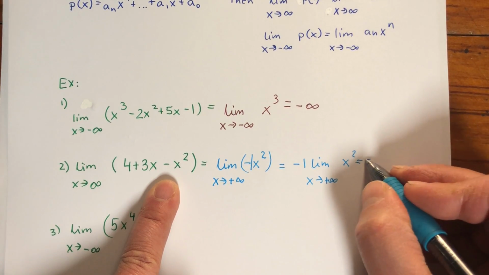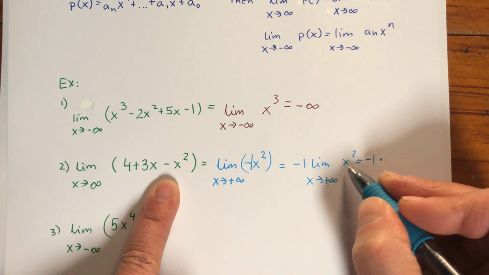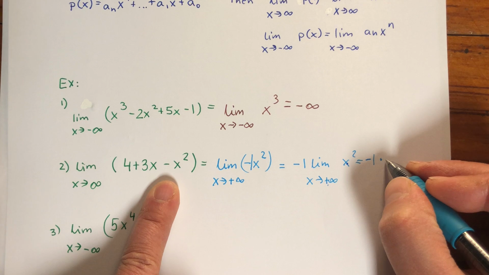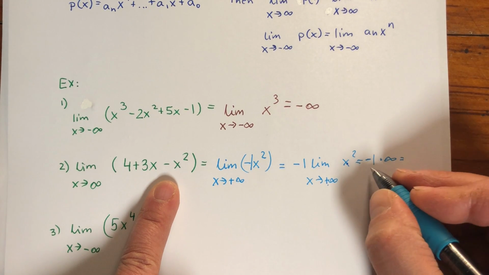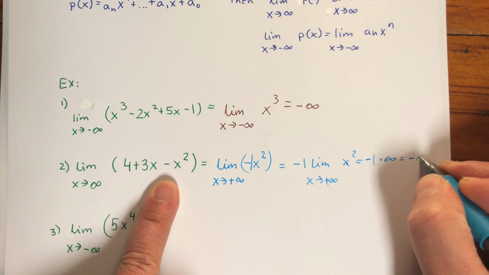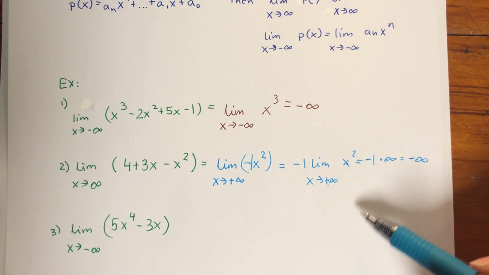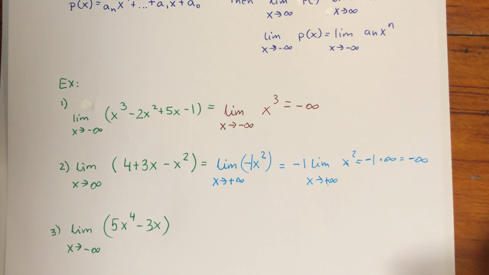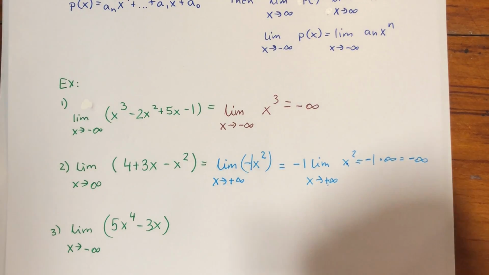So now we have a negative number multiplied by, as x approaches positive infinity, x squared, which we know is going to be infinity. And if you multiply positive infinity by -1, this is going to give you negative infinity. As a different explanation, if I have negative x squared, I know what the graph would look like, and I know what the end behavior would be. But this is how to show it algebraically.